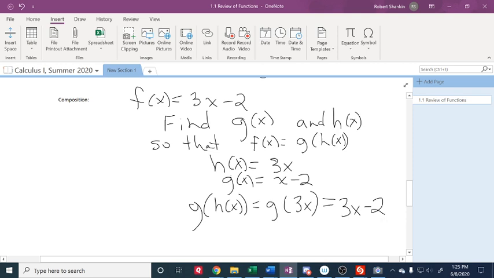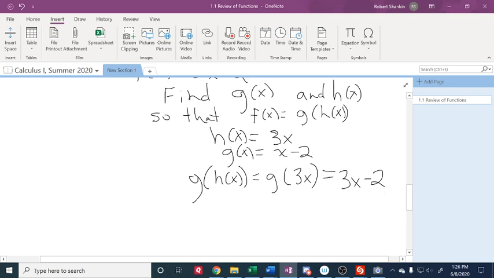We said the h of x happened first, it's the innermost parentheses, and that's the same thing we'd have to do if I said, find f of 10. First thing you have to do is multiply by 3 and then subtract 2. So we had to multiply by 3 as the inner function, so that one was done first. And then it would be 30 minus 2, which would give me the 28.